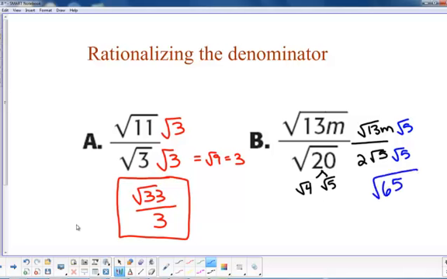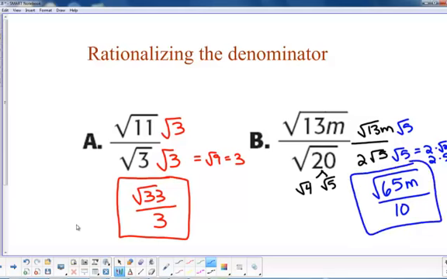So the whole numerator is root 65, and the denominator now is 2 times root 25, which is 5, which is why we did that, to get rid of the square root. So the bottom is just 10. 65 does not have anything that can come out of the square root that will simplify, so that's your answer.